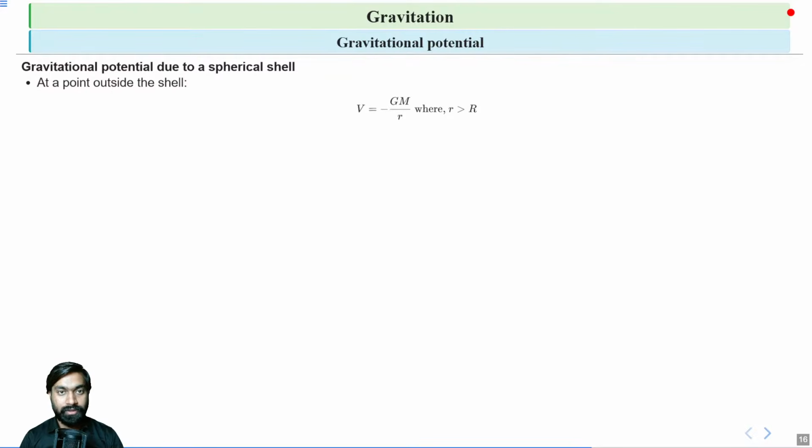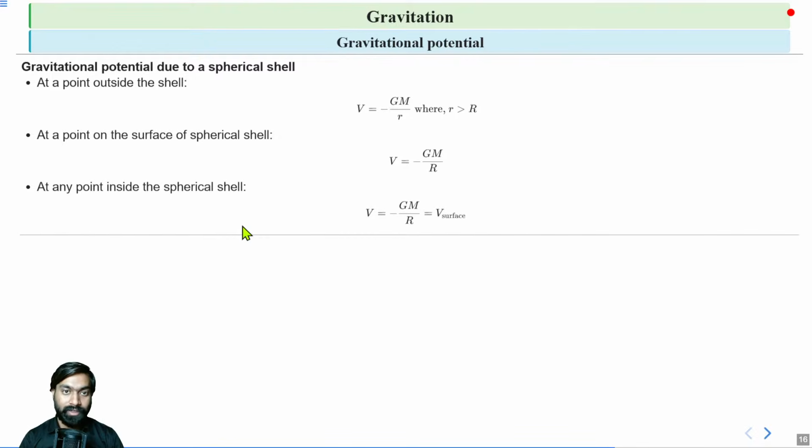In the first case, at a point outside the shell, small r is greater than the radius of the spherical shell, so the potential will be minus GM divided by small r. And at a point on the surface of the spherical shell, V equal to minus GM divided by capital R.